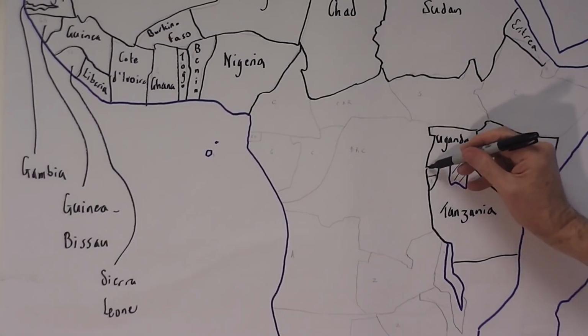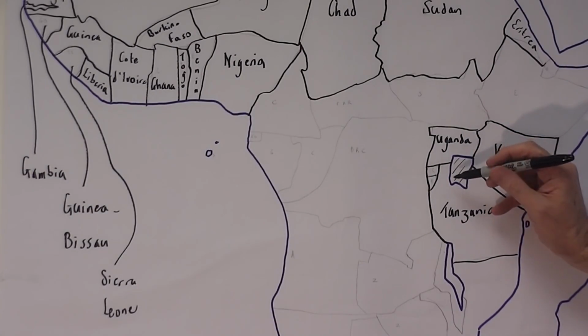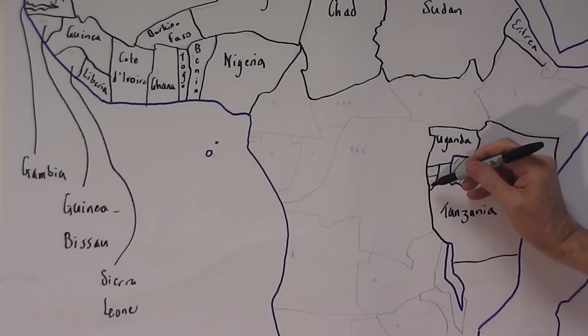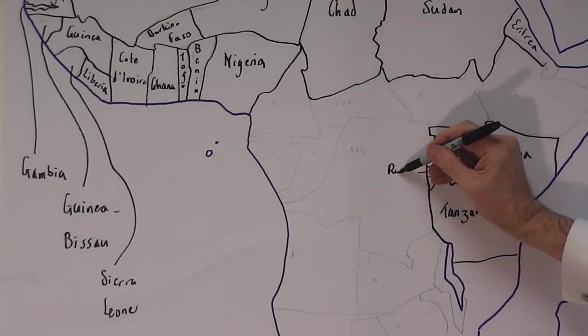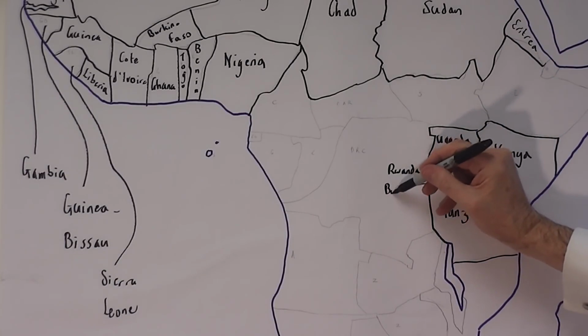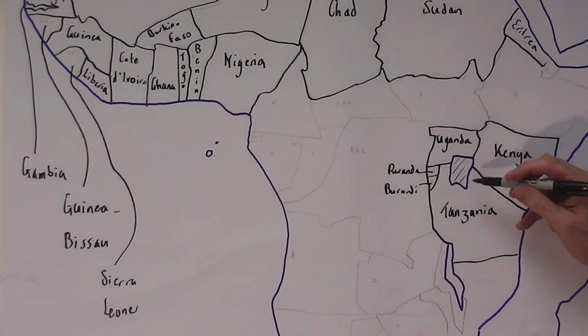And then two very, very small countries tucked in between Uganda and Tanzania are here, Rwanda and Burundi. Rwanda and Burundi, two very small little countries there.